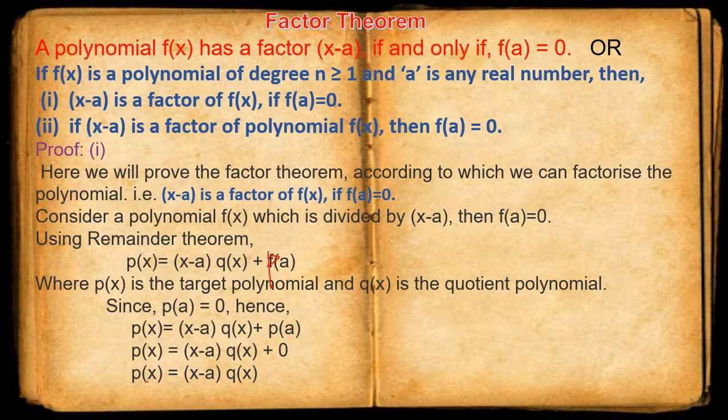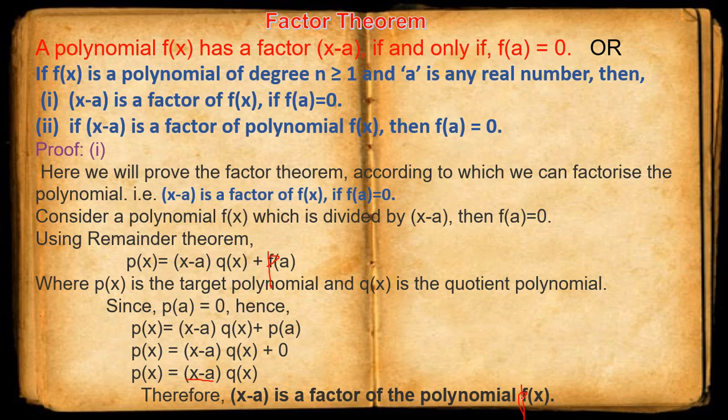So p of x is the product of two terms, x minus a and q of x. So we can say this x minus a is a factor of the polynomial p of x.